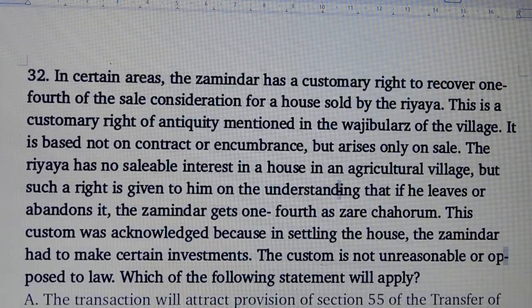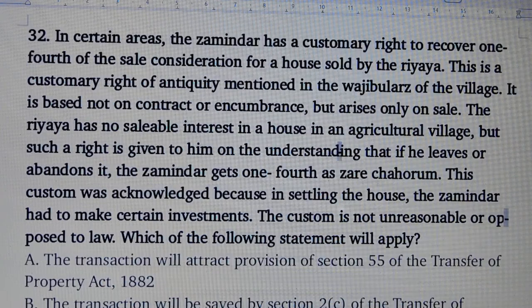Question number 32. In certain areas, the Zamindar has a customary right to recover 1/4 of the sale consideration for a house sold by the Riaya. This is a customary right of antiquity mentioned in the Wajib-ul-Arz of the village. It is based not on contract or encumbrance but arises only on sale.